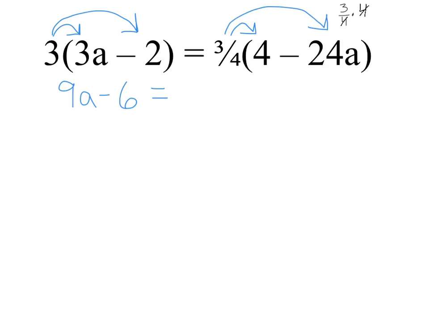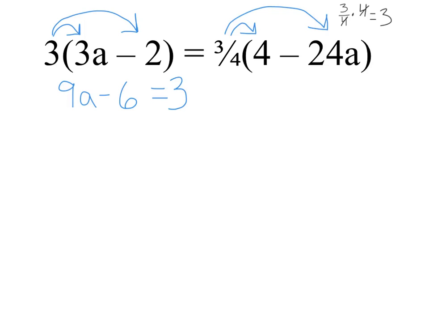So our 4s are going to cancel out, which is going to give us 3. So that's going to equal 3. I don't know why that's so much bolder. Let's try that again. So that's going to give us 3. I'm going to write that one more time because I don't like how that looks. There we go.